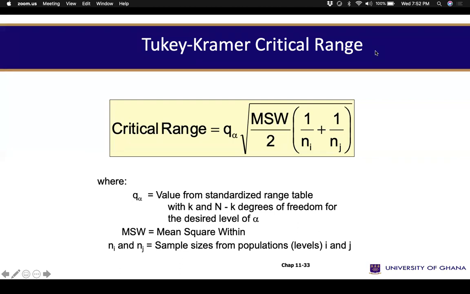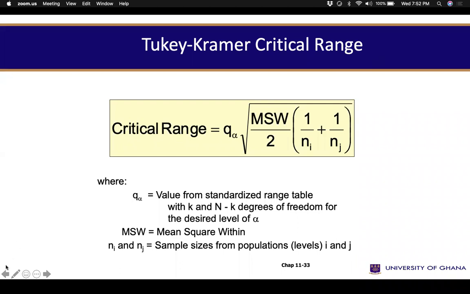Okay, so we continue. What we are left to do is this: the results of the ANOVA test, if we reject the null hypothesis, just tell us that there is a difference, okay? But it doesn't tell us where the difference is really coming from.